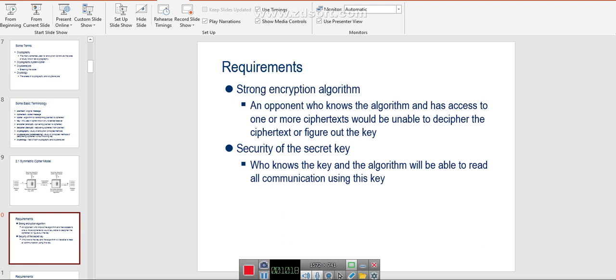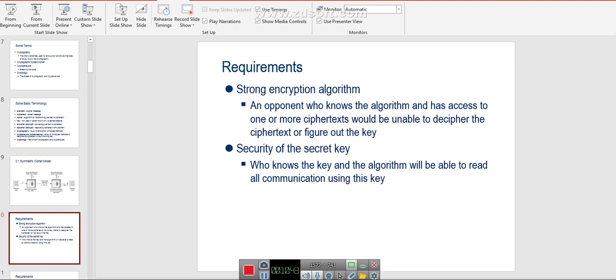For instance, you need to have a strong encryption algorithm, whereby an opponent who knows the algorithm and has access to one or more ciphertexts would be unable to decipher the ciphertext or figure out the key. So the first requirement is a strong encryption algorithm.